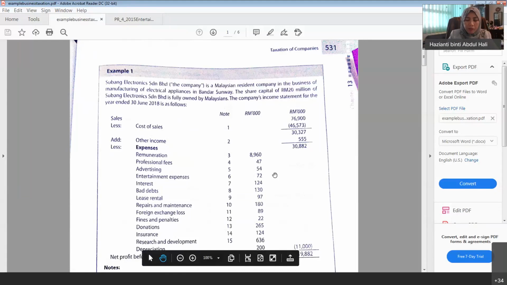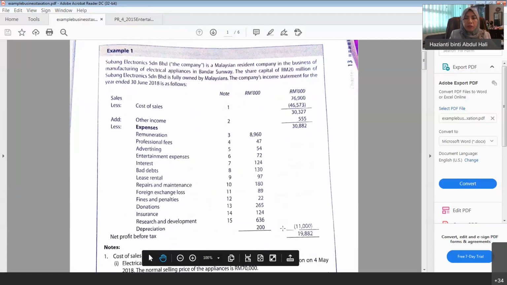But we must be careful with the expenses, because as we looked at just now, for the business deductions, some are allowable but some are not allowable. That is why we have to do adjustment. So we cannot take this net profit before tax, simply take this figure and multiply by 28%, cannot. We have to do adjustment, right? So how are we going to do the adjustment? In this question, you are given the net profit before tax, which is 19,882, and also some notes.